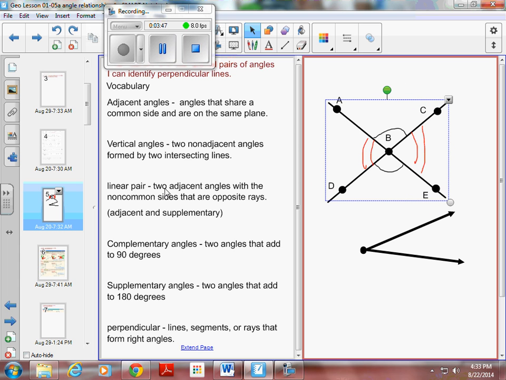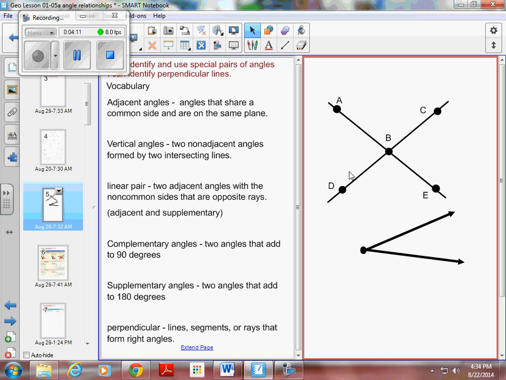Linear pair. Again, we're back to adjacent, which means next to. So two angles that are next to each other, and they have non-common sides that are opposite rays. Opposite rays means they form a straight line. So if you take angle DBA, this angle here, and angle ABC, it's this one here.